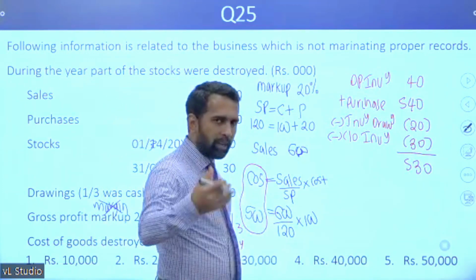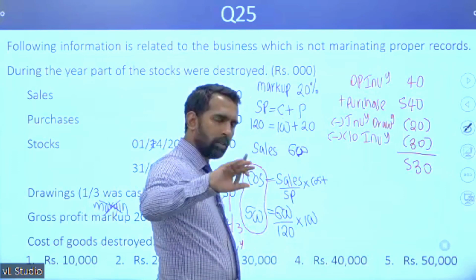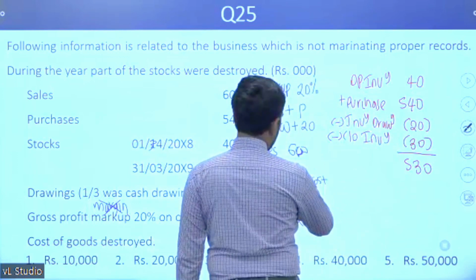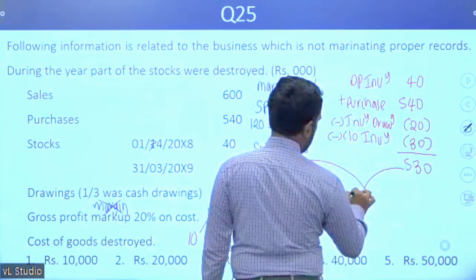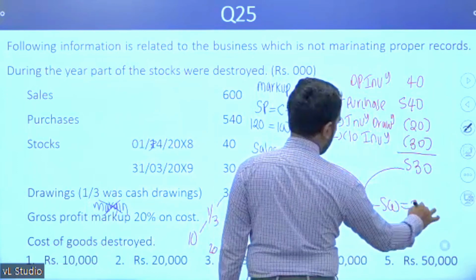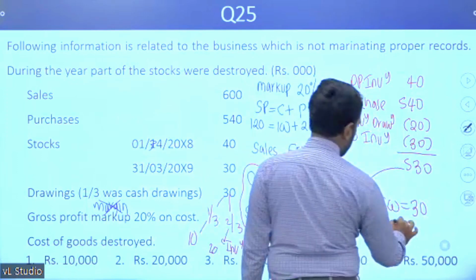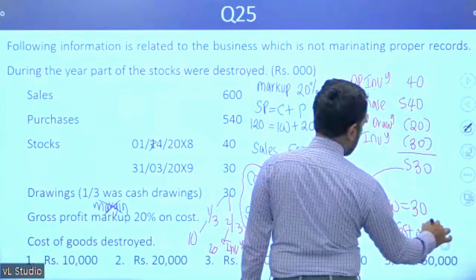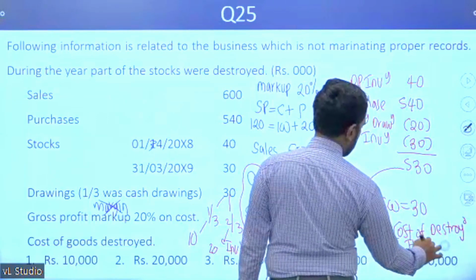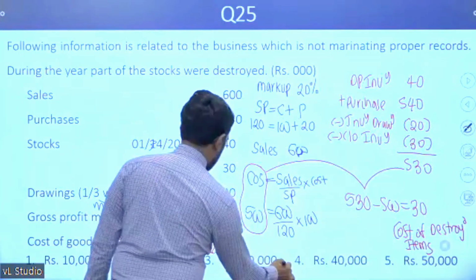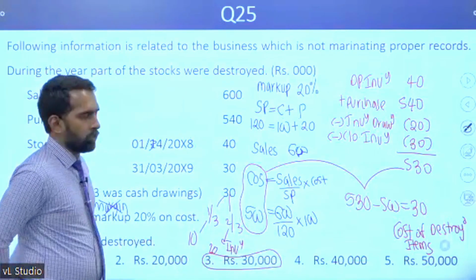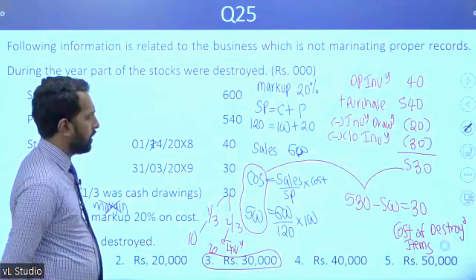But based on the normal calculation of opening stock plus purchases minus closing stock, drawings and so on, you get 530. So there's a difference of 30. This is your cost of destroyed items. Cost of destroyed items is coming to a value of rupees 30,000.